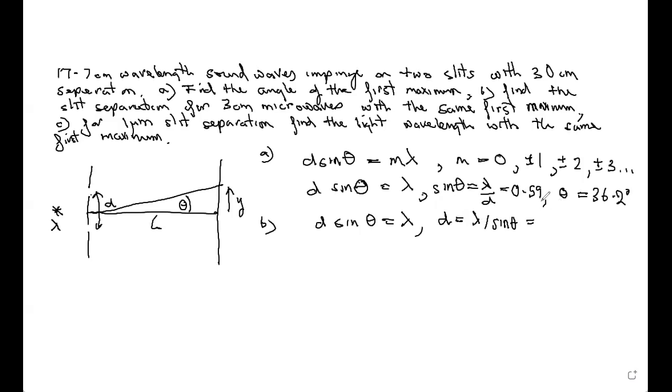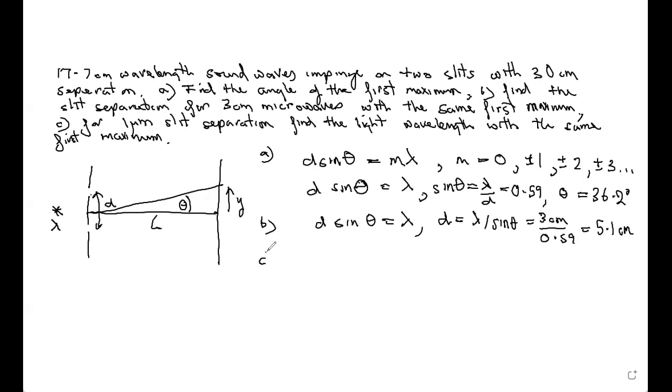We know that the microwaves have a wavelength that is 3 centimeters. We know that the sine of the angle was 0.459. And dividing one by the other, I get 5.1 centimeters for the slit separation in the microwave experiment.